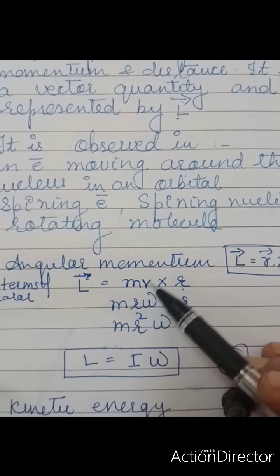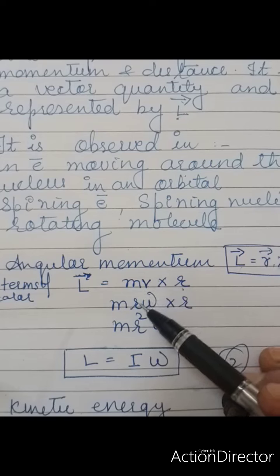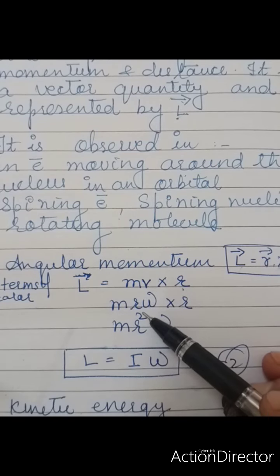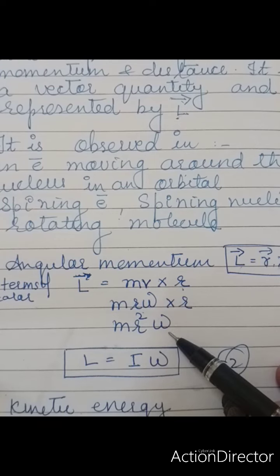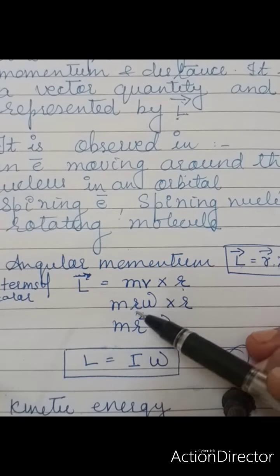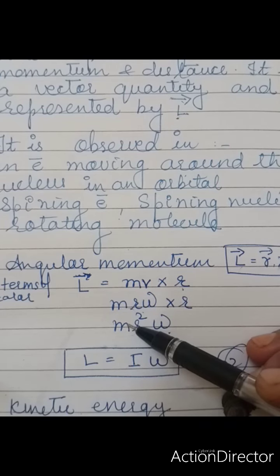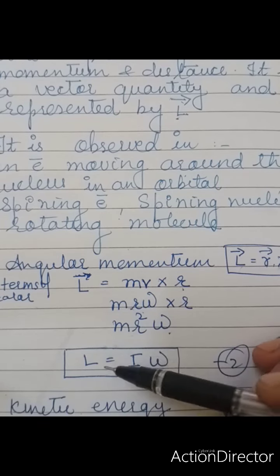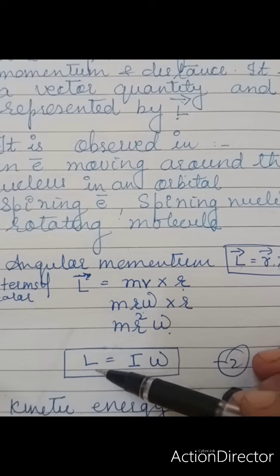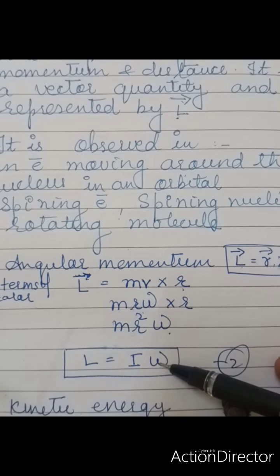So velocity in terms of circular motion, you can represent by r omega. So it will be mr square omega. mr square we have done earlier also, that is nothing but the moment of inertia. So you can replace this by I. So L will be equal to I omega.